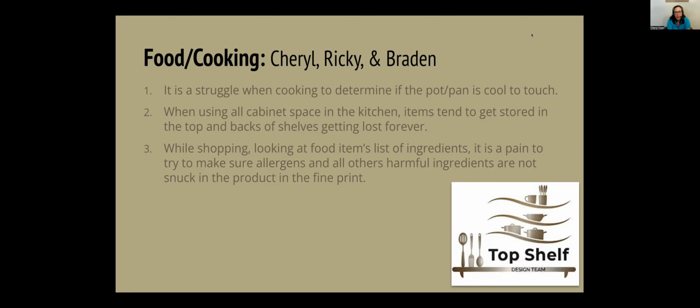There might be some way to scan with an app to determine, you know, my child is allergic to this, or I have a family member that can't have nuts, or whatever it is. Something like an app that would be able to identify the safety or the ingredients and the feasibility of those for the family.